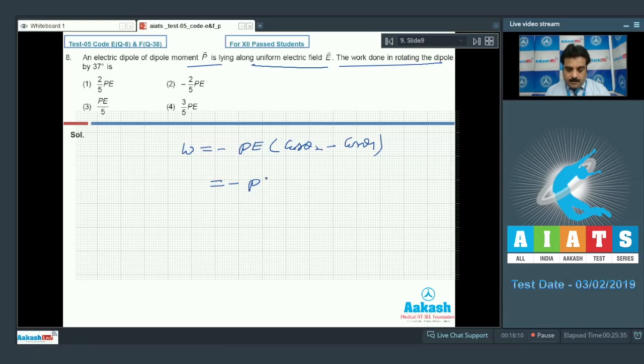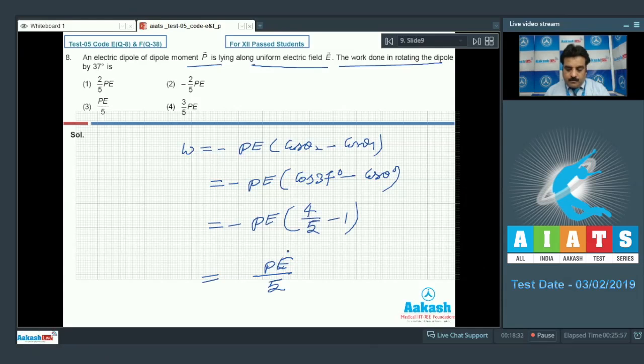So minus PE times cos 37 minus cos 0. So minus PE, cos 37 is 4 upon 5, and cos 0 is 1. When you solve, you will get PE upon 5. So by this calculation, I can say option number 3 will be the right choice.